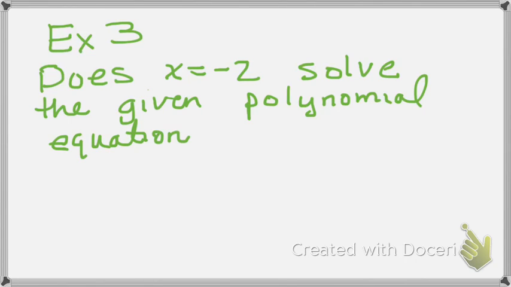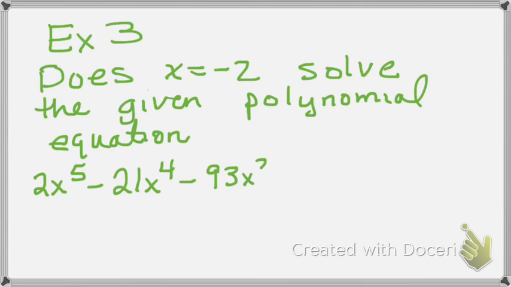And the polynomial equation is 2x to the 5th minus 21x to the 4th minus 93x squared equal 12 minus 56x minus 68x cubed. So does x equal -2 solve this polynomial?